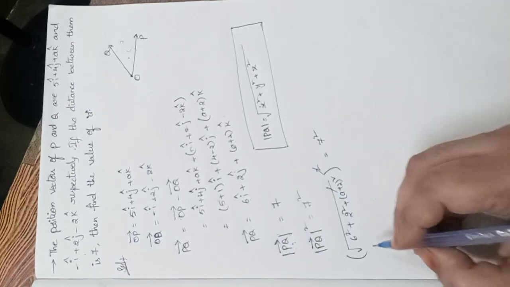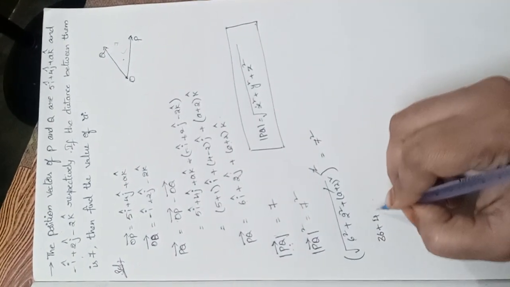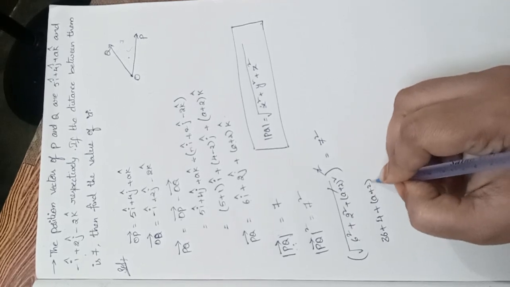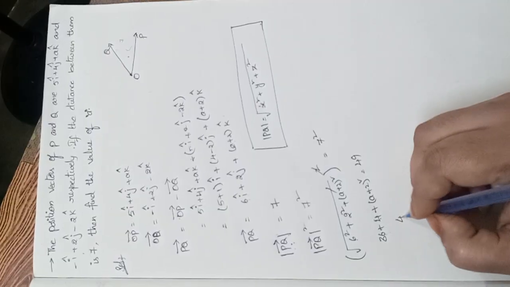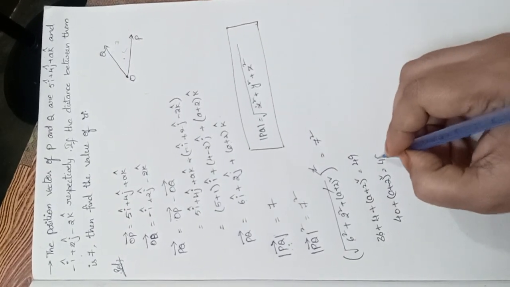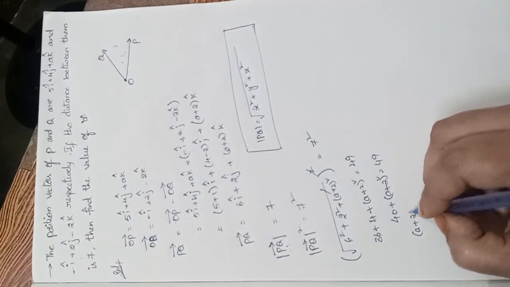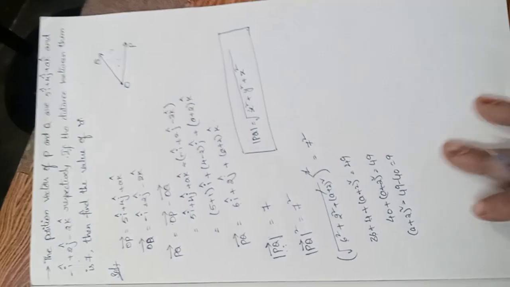Square and root get cancelled. 6 square is 36, 2 square is 4, plus a plus 2 whole square equals 49. 36 plus 4 is 40. 40 plus a plus 2 whole square equals 49. So a plus 2 whole square equals 49 minus 40, which equals 9.